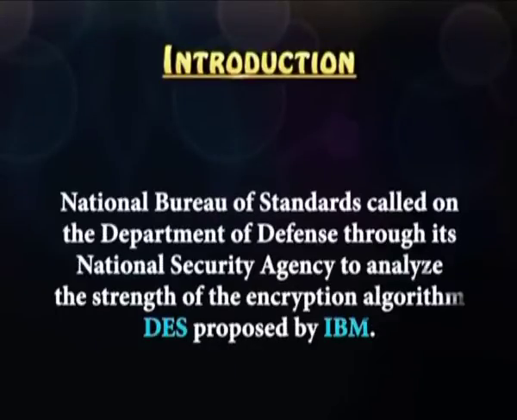Its proper name was DEA, Data Encryption Algorithm, in the United States, and DEA-1, Data Encryption Algorithm 1, in other countries. The National Bureau of Standards called on the Department of Defense, through its National Security Agency, to analyze the strength of the encryption algorithm DES proposed by IBM.